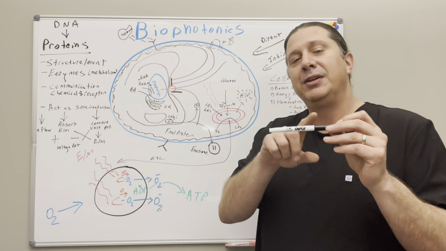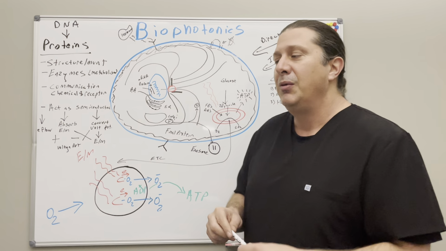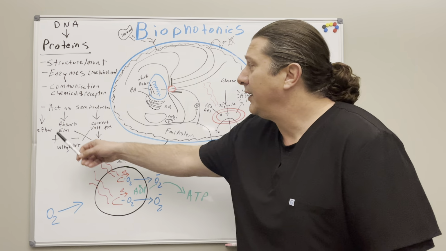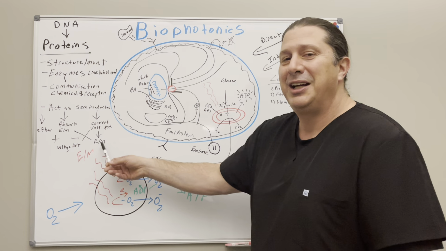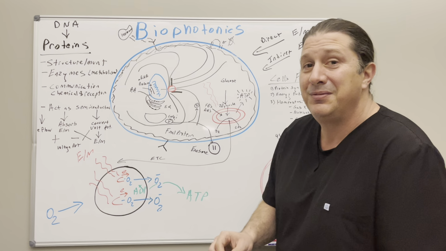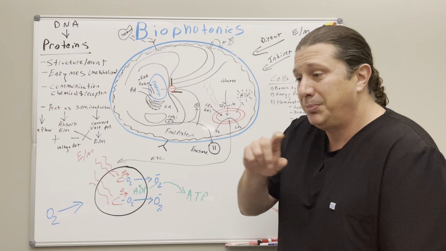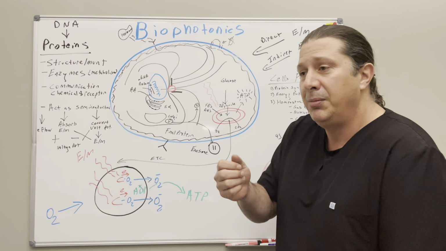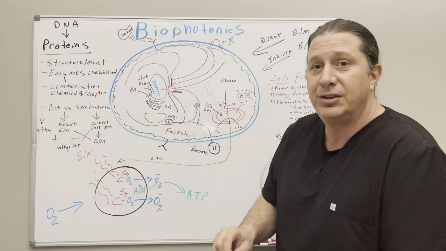As they jump, something very interesting happens. When those electrons settle in, they create electromagnetic energy. Did you catch that? As those proteins have electrons flowing through them, they're emitting biophotonics. They're emitting light.